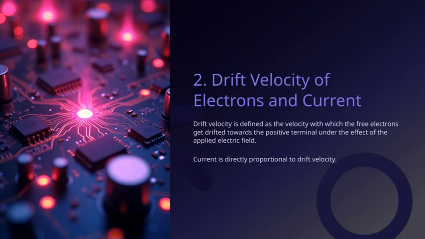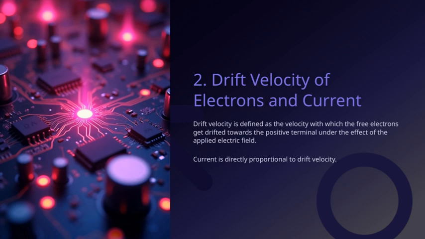Current is directly proportional to drift velocity. This means that as the drift velocity increases, the current also increases proportionally. Now, drift velocity is essentially the speed at which free electrons move through a conductor when an electric field is applied. Think of it as the average velocity of electrons drifting toward the positive terminal under the influence of that electric field.